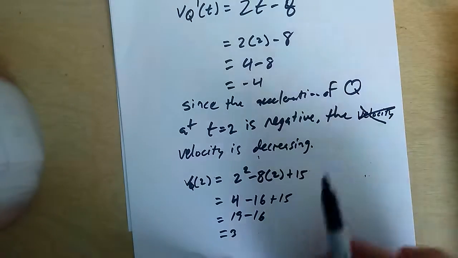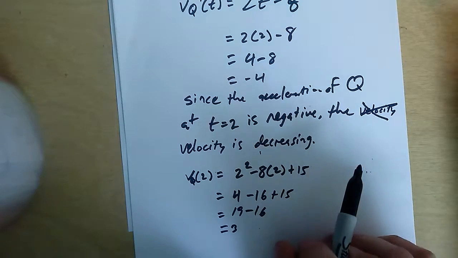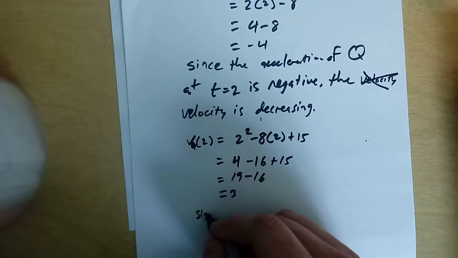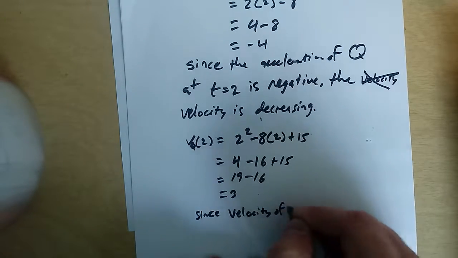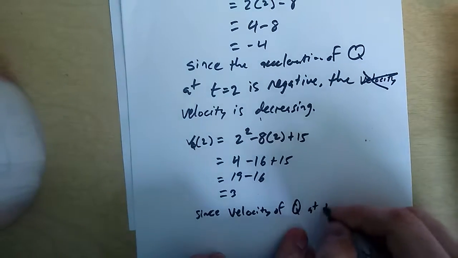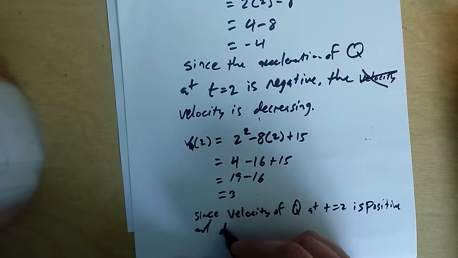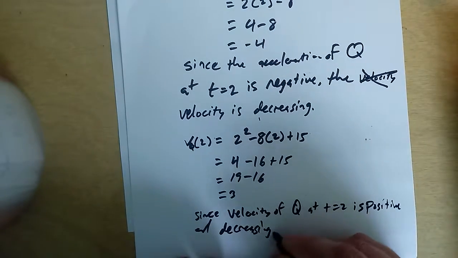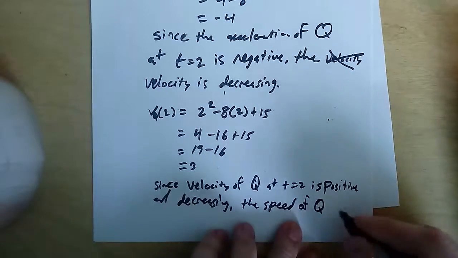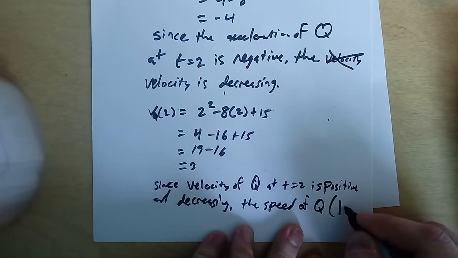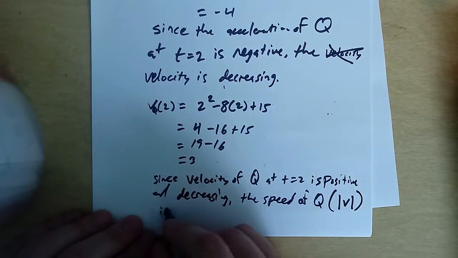So since velocity of Q at t equals 2 is positive and decreasing, the speed of Q, which is the absolute value of velocity, is decreasing as well.